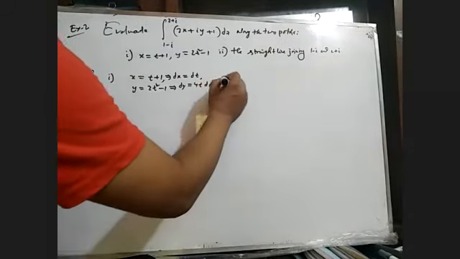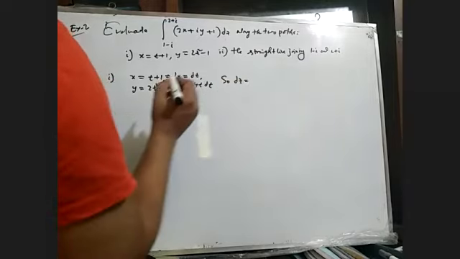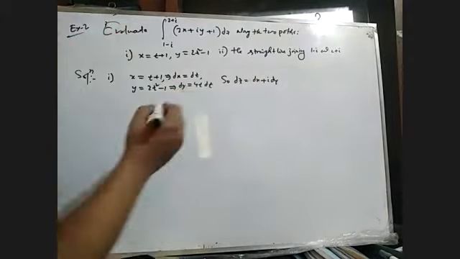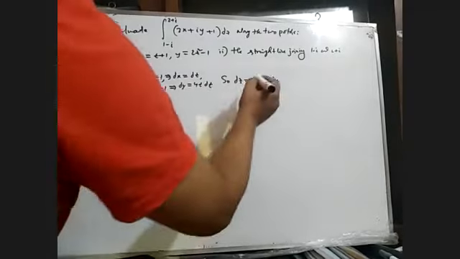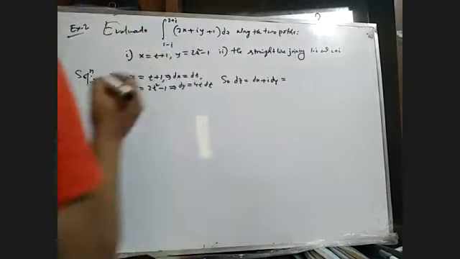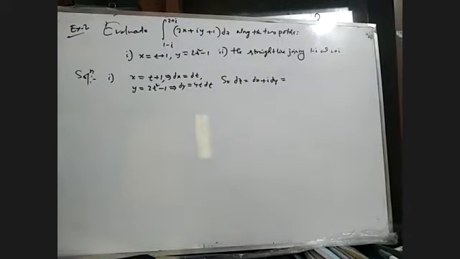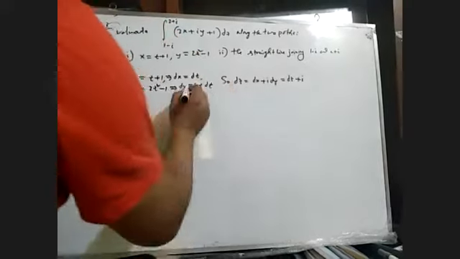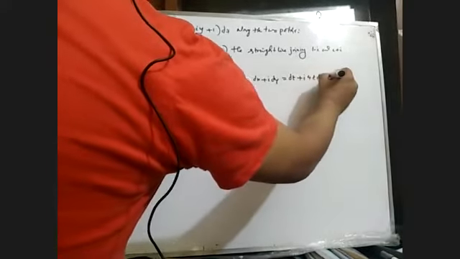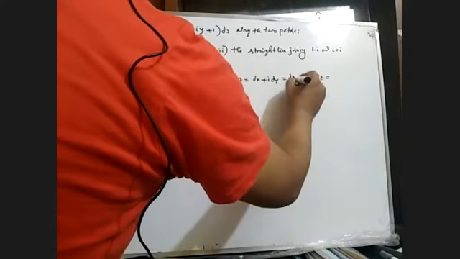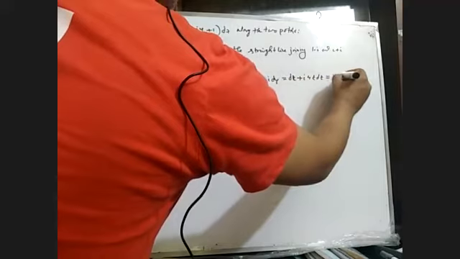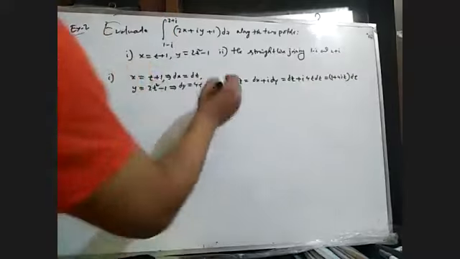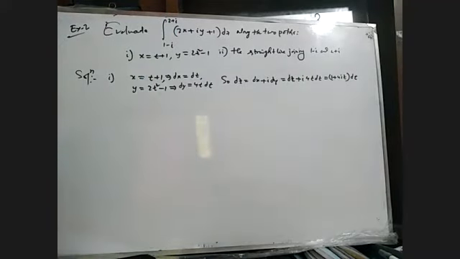So dz means dx plus i dy. Just putting these values, dx equals dt plus i dy equals 4t dt. That means dt will be common: 1 plus 4it dt. So dz equals 1 plus 4it dt.